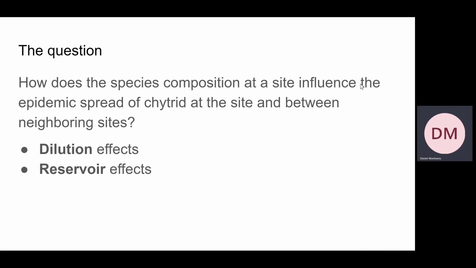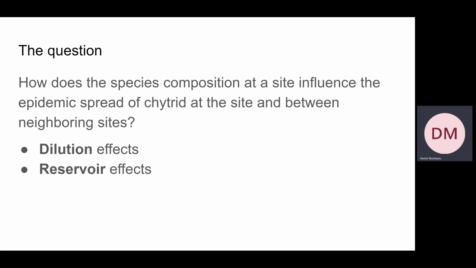So this brings us to the question that we wanted to study, and here I'll just be discussing some of the models that we use to establish these principles, those of dilution and the reservoir effect. But our question is how the species composition at a site influences the epidemic's spread of disease.